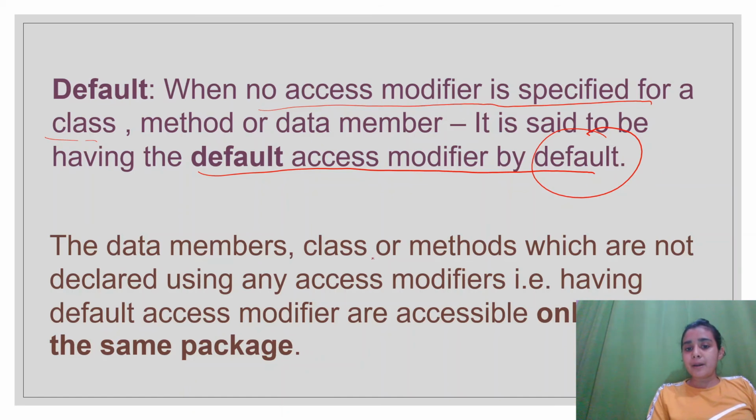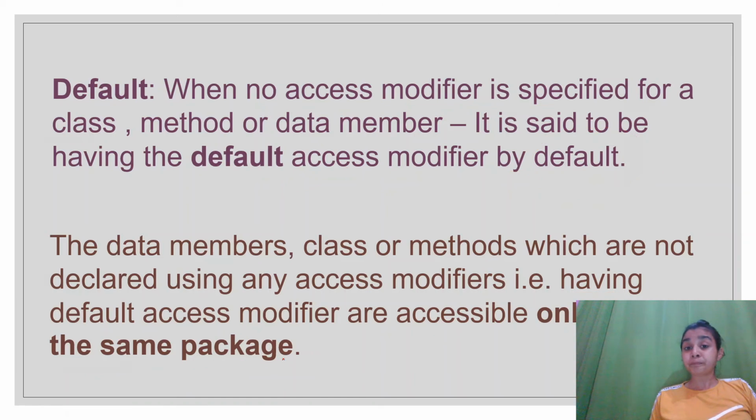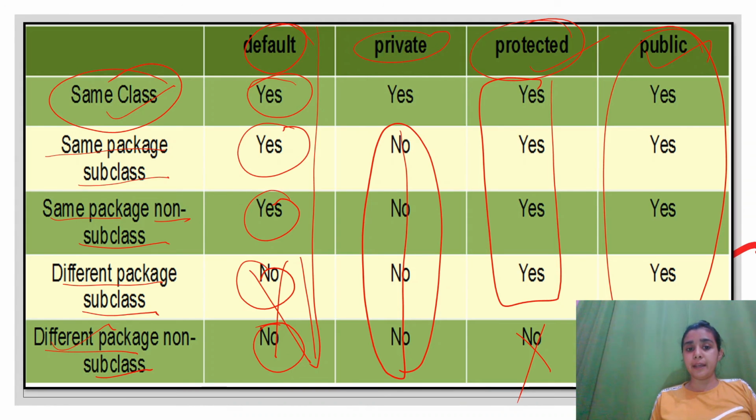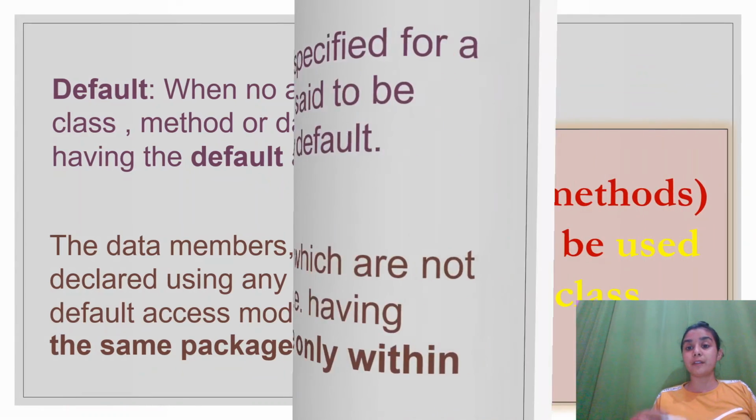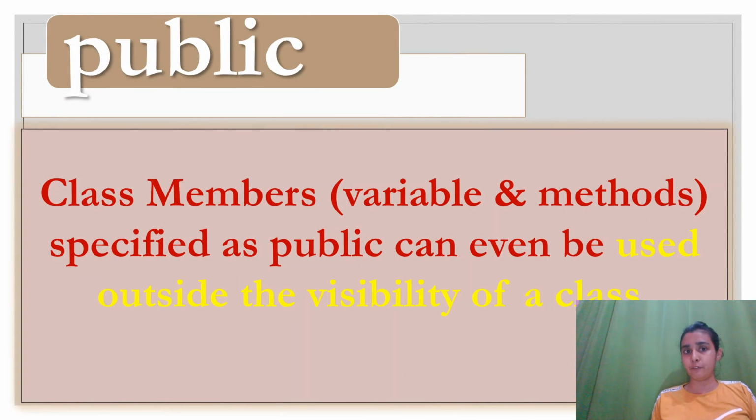The data members, classes or methods not declared using any access modifier have the default access modifier, accessible only within the same package, which we have already studied. If we talk about the outside package, another package, there is no accessibility for that.